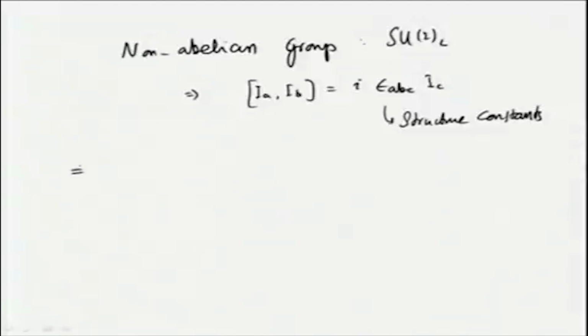So, this leads to self interaction of the W gauge bosons, both triple interaction and quartic interactions. This is proportional to g, the coupling constant, and this is proportional to g square. In addition to the interaction with fermions, W's all have these interactions, whereas the B does not have any self interactions. It is similar to the photon.